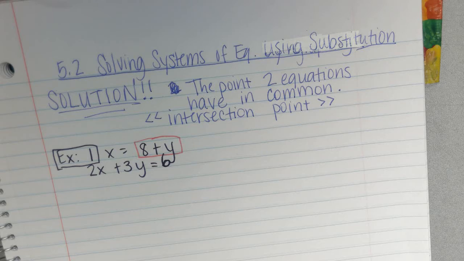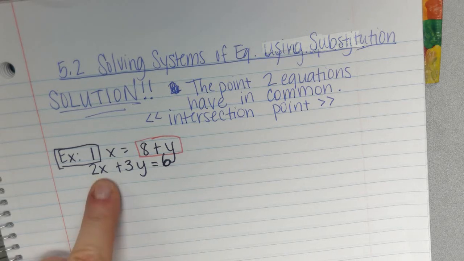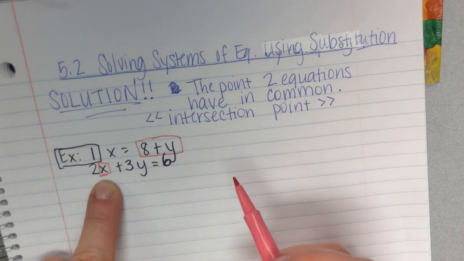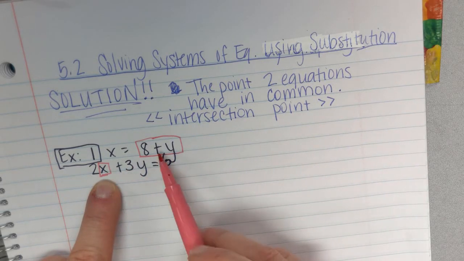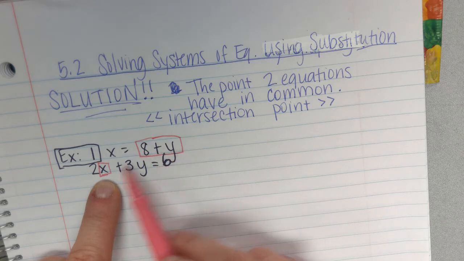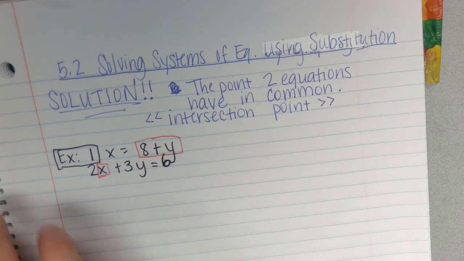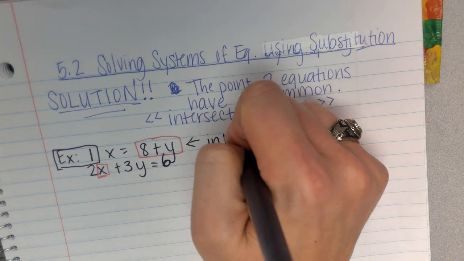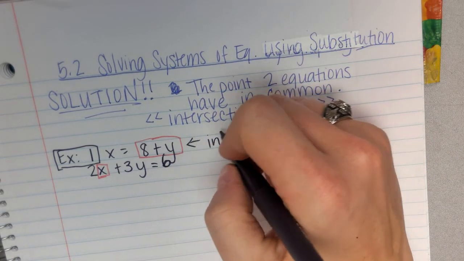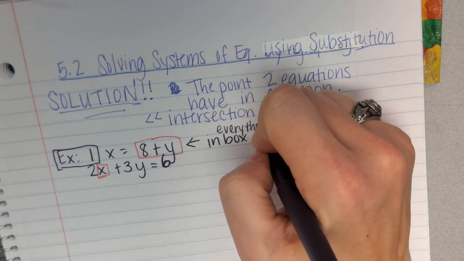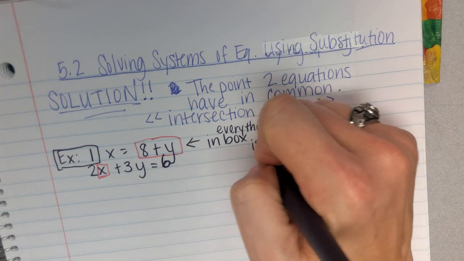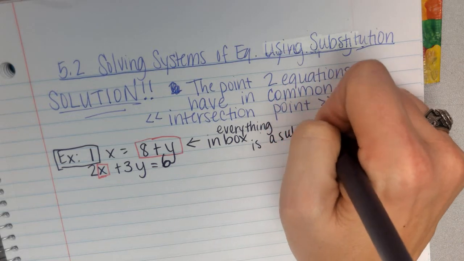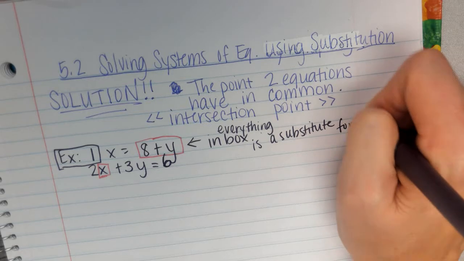So everywhere you see an x in this problem, which is just right here, you are going to sub in 8 plus y where you see an x. So everything in the box is a substitute for x.